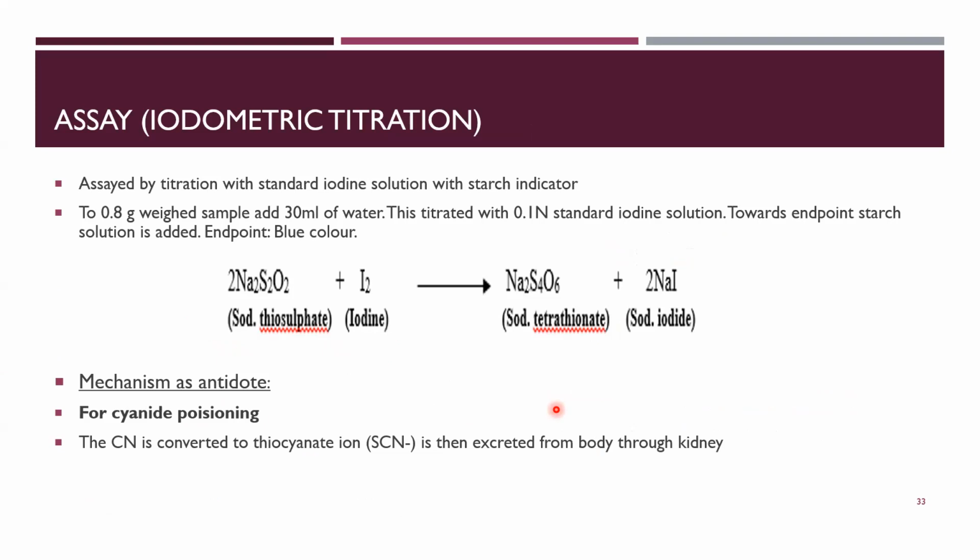These principles of all the compounds that we are discussing are important to remember. The principle of assay for sodium thiosulfate is iodometric titration, and its mechanism is for cyanide poisoning. It is an antidote for cyanide poisoning.